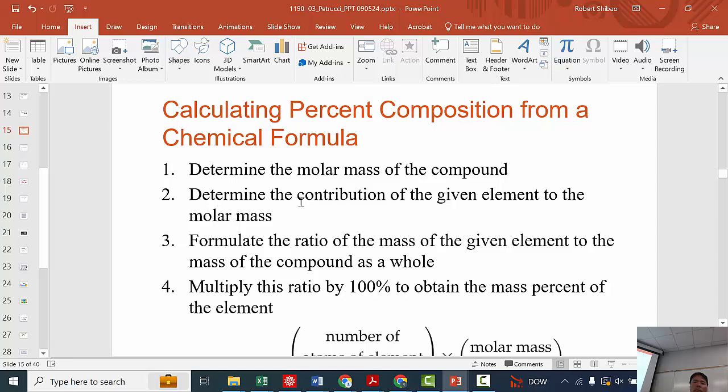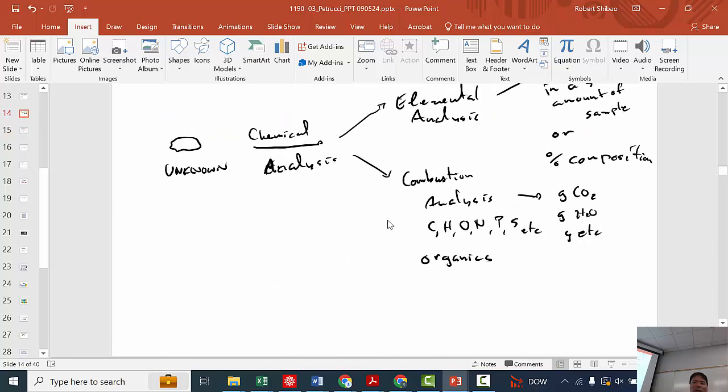And then what we do with this data is we get the formula. The formula is the mole ratio or atom ratio or dozen ratio, whatever. It's the ratio.